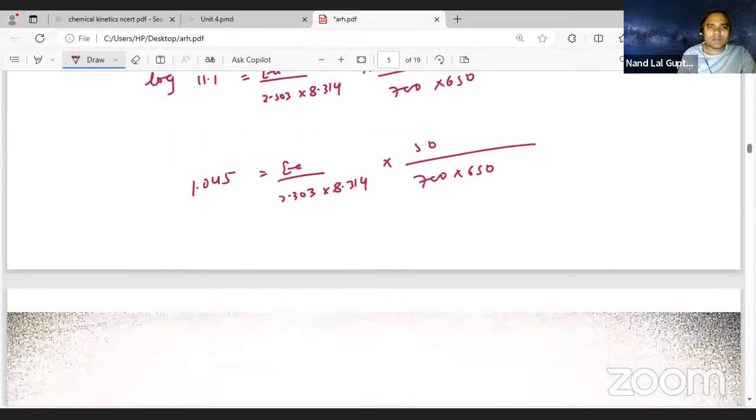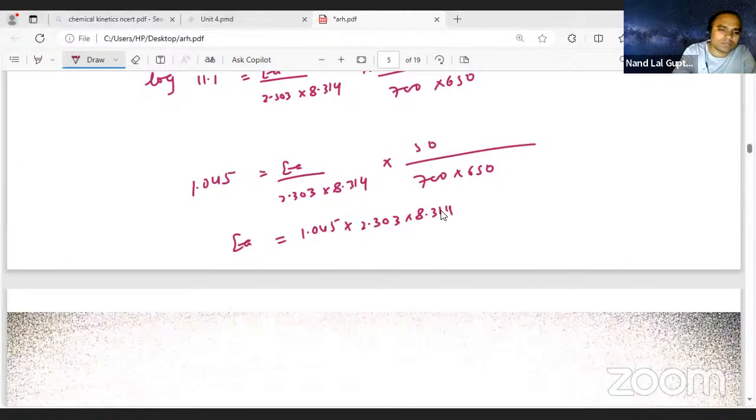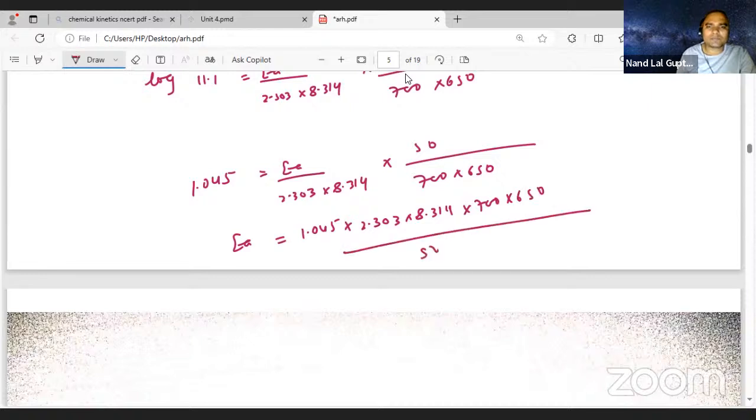Now see, activation energy is equal to 1.045 multiplied by 2.303 multiplied by 8.314, multiplied by 700, 650, divided by only 50.